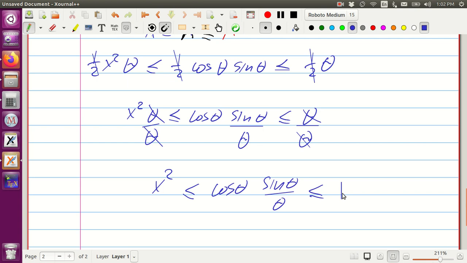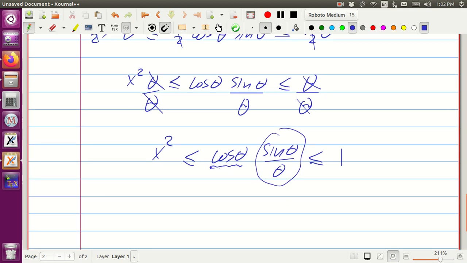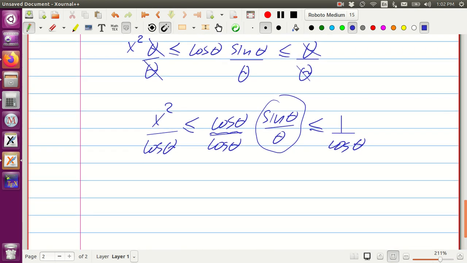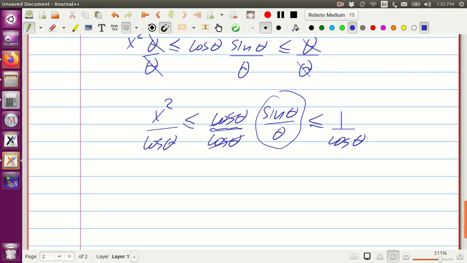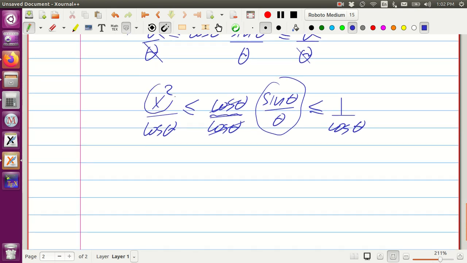All right. So I'm having this cosine of theta, which I don't really want. I just want this quantity in the middle. So I'm going to divide everything by cosine of theta. So these quantities go away. Right, so finally, what is x squared?